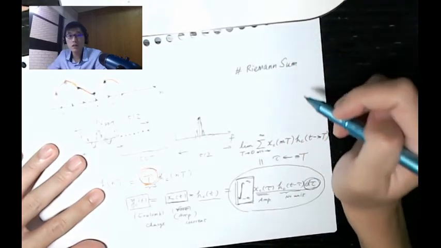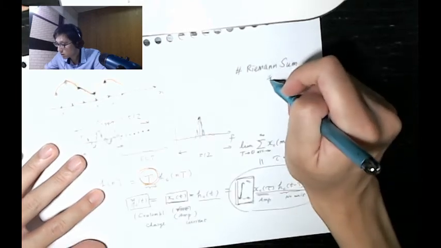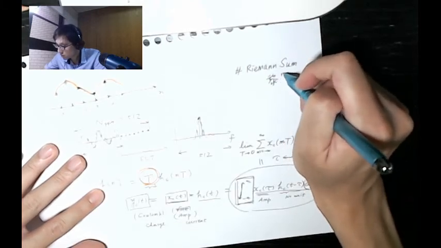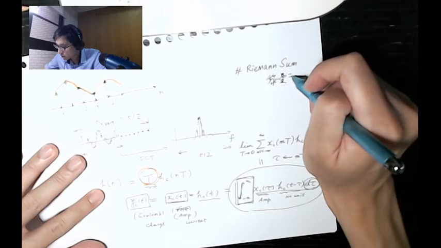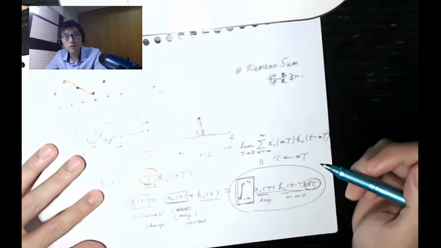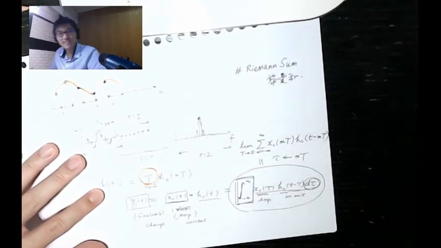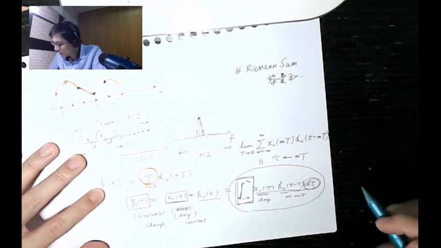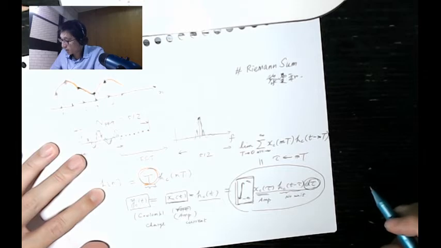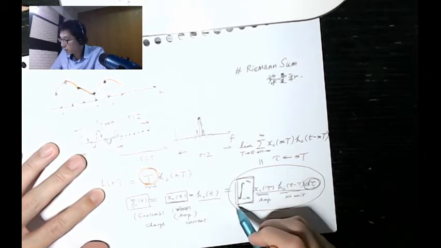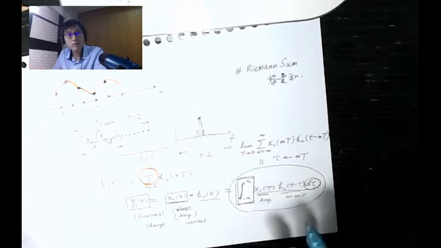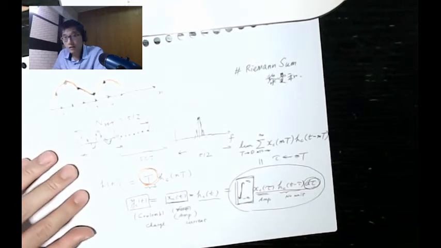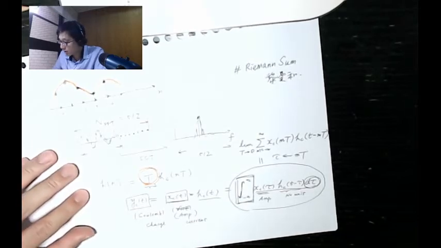Riemann summation. Riemann sum looks like a girl's name. So that's the first step: integration is really a limit of summation. We all learned that, that's basic calculus.